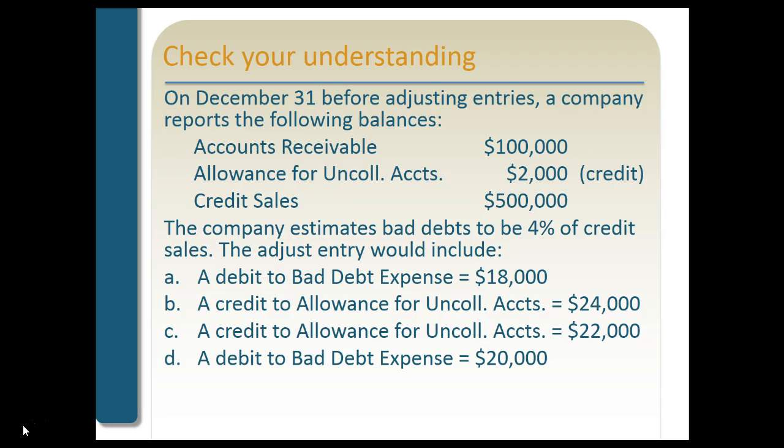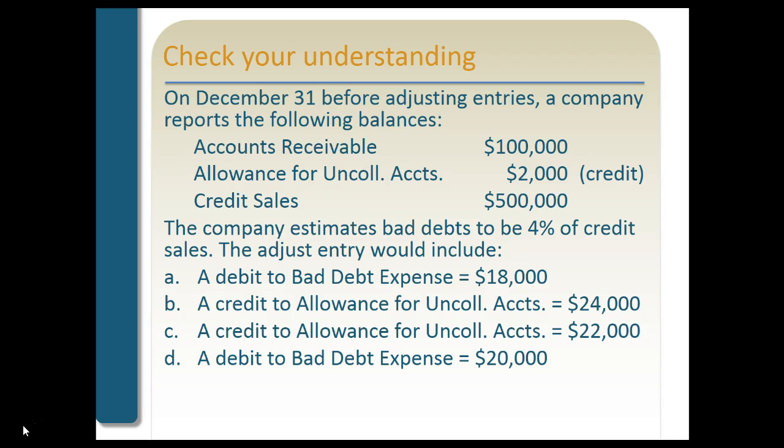Let's look at another multiple choice here. On December 31st, before adjusting entries, a company reports the following balances. So we've got accounts receivable of $100,000, allowance for uncollectibles of $2,000 credit, and credit sales of $500,000. The company estimates bad debt to be 4% of credit sales.